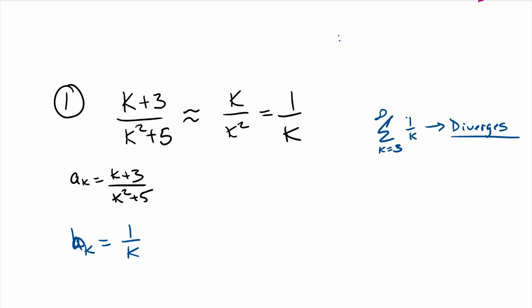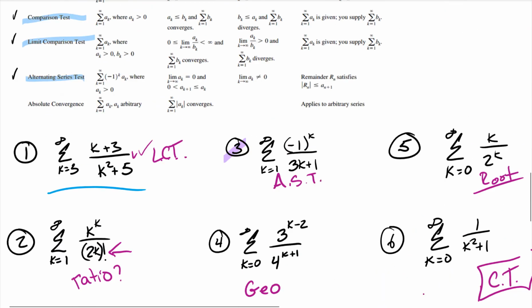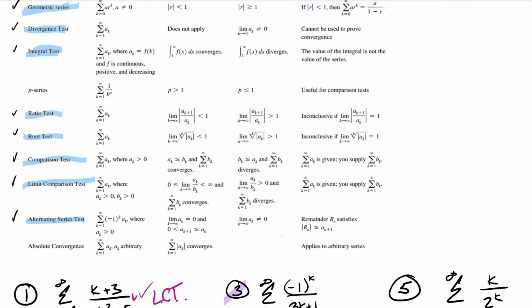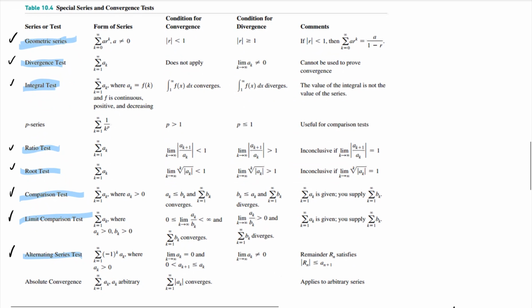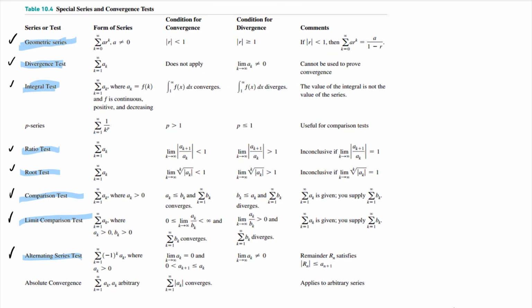So if we can find out that the limit is greater than or equal to 0, and our first one converges, oh, it doesn't, it diverges. So the conditions for divergence mean that as long as we can get some sort of positive number out of this, it's also going to diverge.